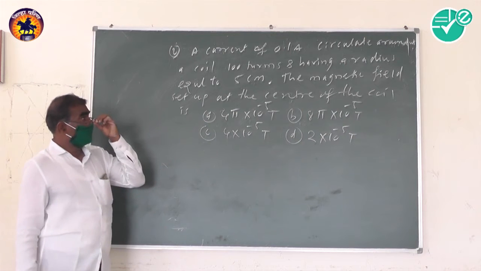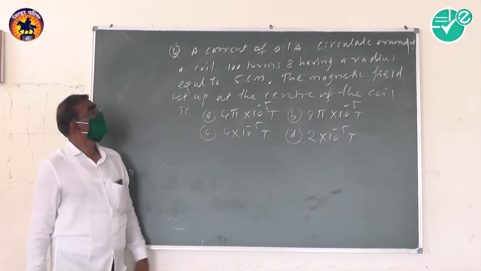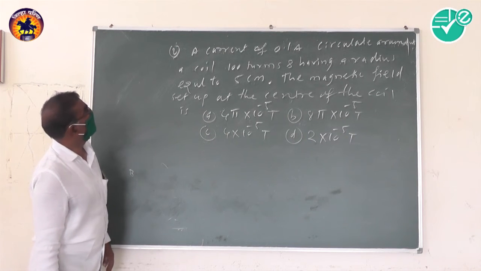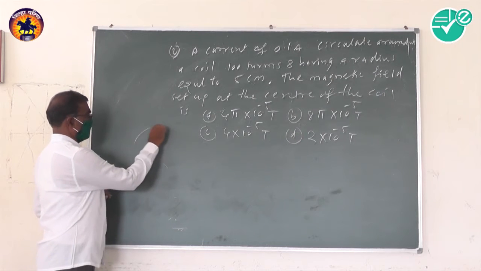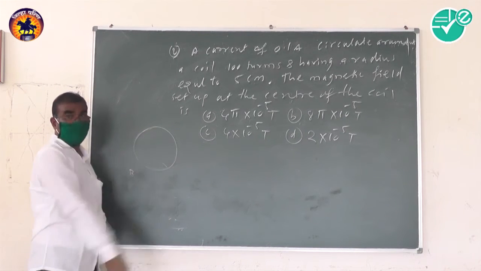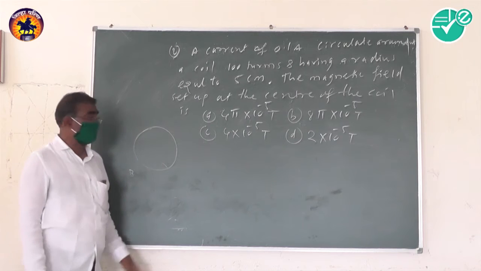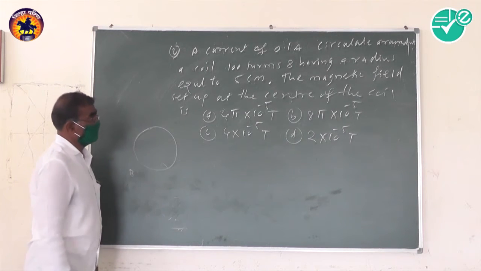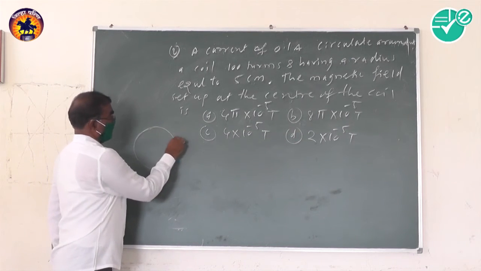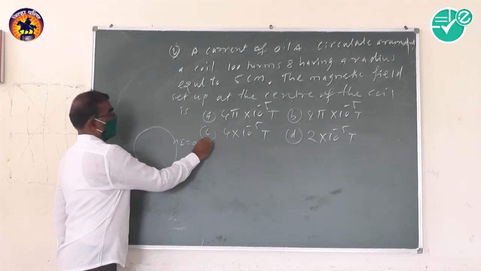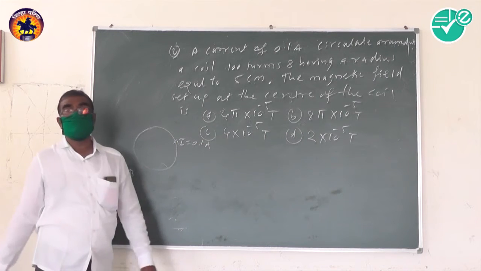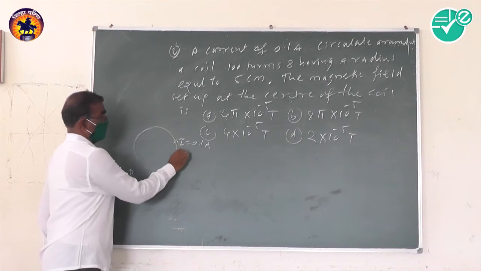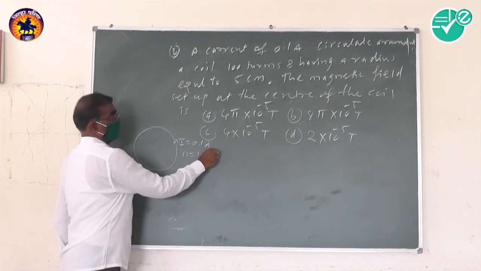See here, a current of 0.1 ampere circulating around a coil. We have to take a coil of 100 turns, it contains a number of turns, 100, and current equal to 0.1 ampere. I is 0.1 ampere. N equal to 100 turns.